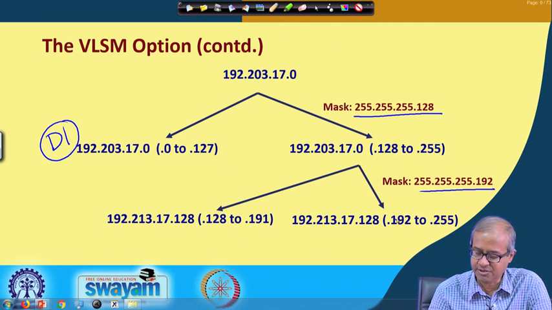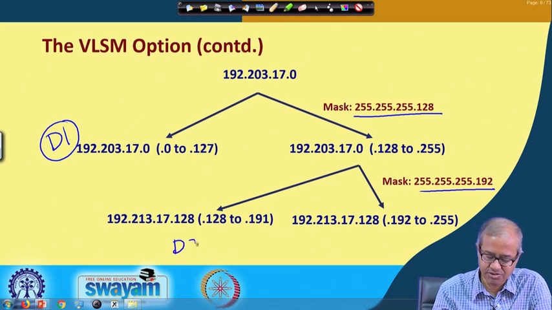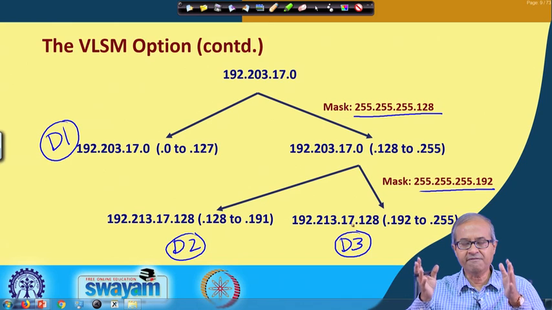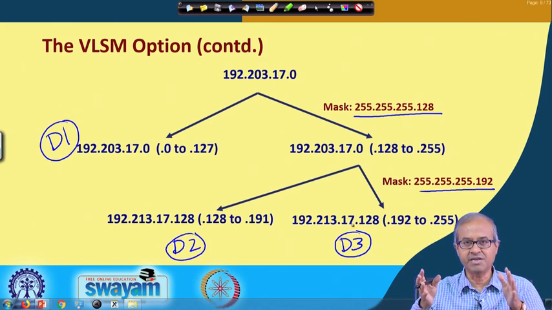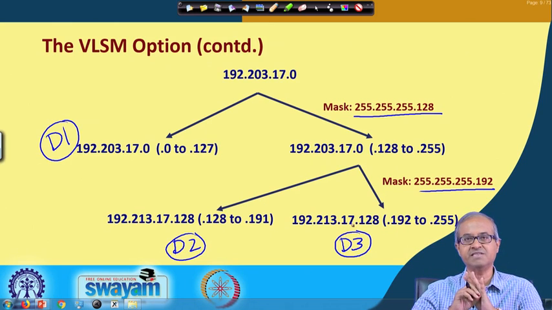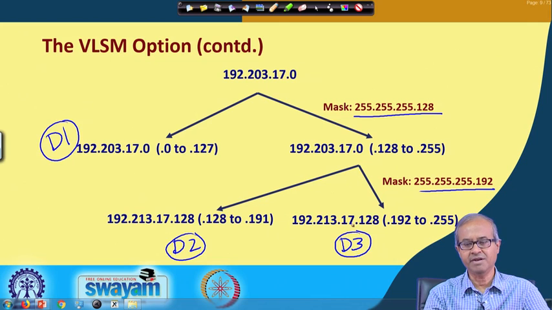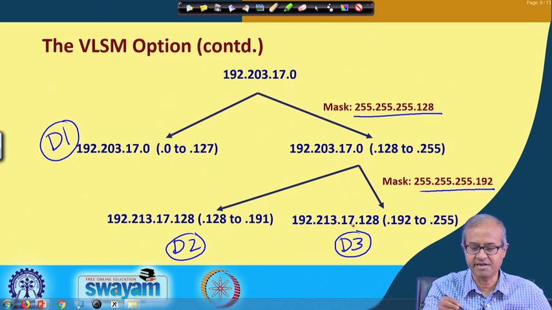This again is divided into two parts, this I assign to D2, this I assign to D3. So, the idea is that if your router inside your organization supports VLSM, you can have this kind of multiple masks along with this IP network you are using, to provide whatever partitioning you require, right. This is an added advantage here.